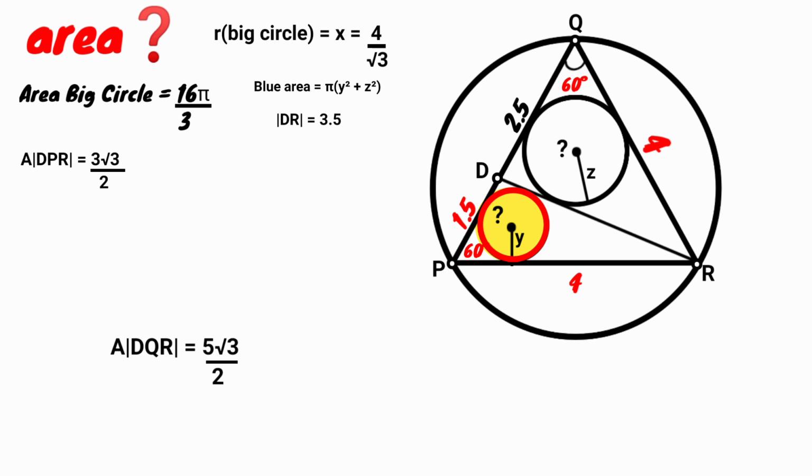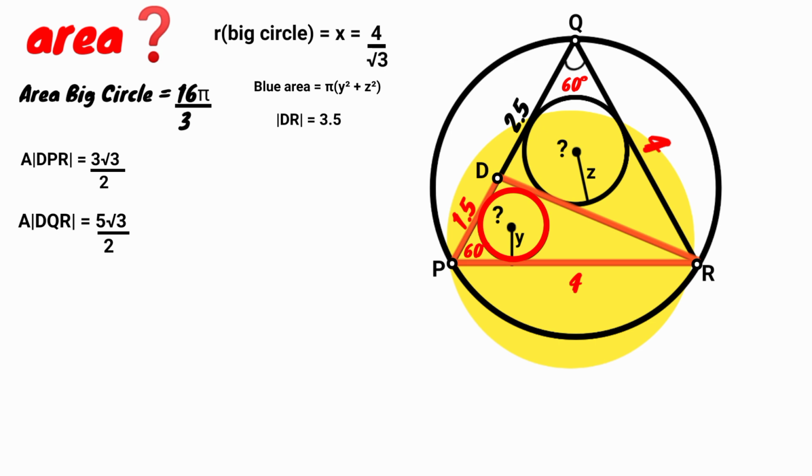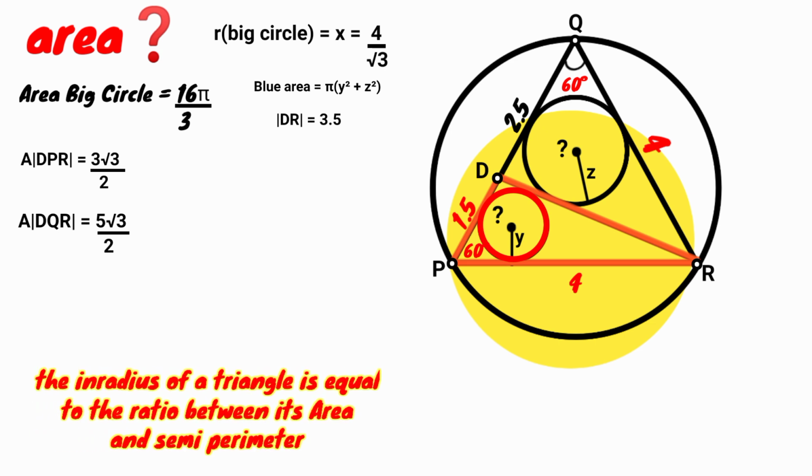Come to this circle. We see it is inscribed in this triangle DPR. There is a rule that the inradius of a triangle is equal to the ratio of its area to its semi-perimeter. That is twice the area to the perimeter. So by this rule, the radius of this circle, which is y, will be equal to 2 multiplied by the area of this triangle DPR divided by the perimeter, which is the summation of this 1.5, this 4, and the length of this side DR, which is 3.5, and the area of triangle DPR is here 3 root 3 over 2.